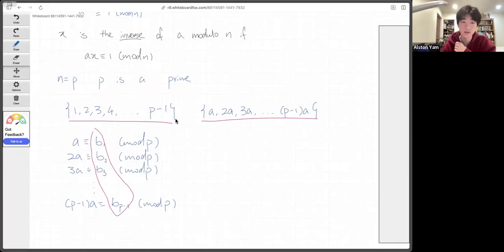I'm just saying that there's exactly one number in here that is equal to 1, exactly one number that is equal to 2, exactly one number that's equal to 3, etc. The proof of this, I'll go over right now. And after that, we can have a look at the properties of inverses. So let's go and have a proof, and we will prove this by contradiction.